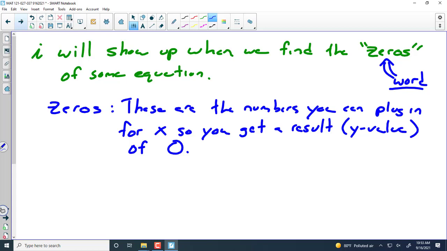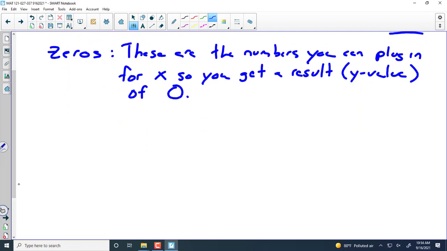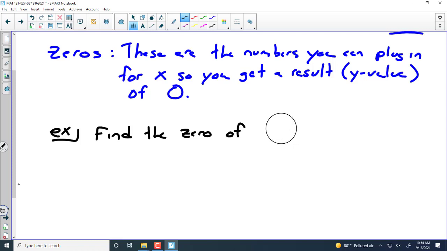That's what they are. So if someone says, find the zeros, that's what they're asking you to do. Like this. When someone asks me to find the zero, what they're asking is: what X value could you plug in there so you get an answer of 0? That's what the question is.